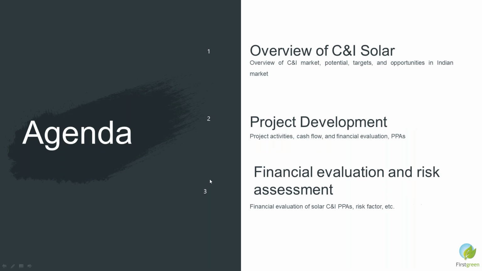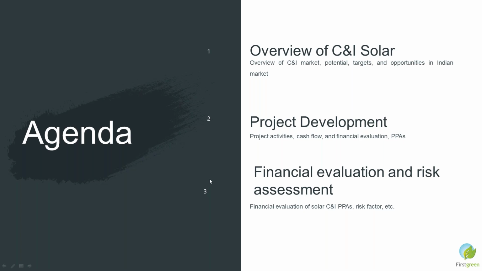Today's agenda is spread in 3 sections. Firstly, we will discuss the overall market size: how big is this market and why it becomes so important, and at the same time what type of opportunities are there.